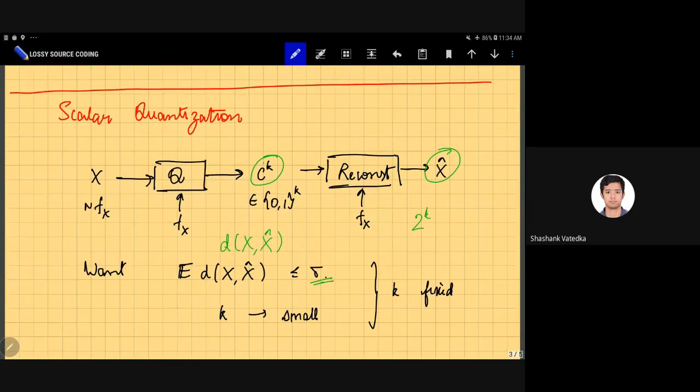So Q of X is CK, but the reconstruction is X hat. Fine, sir. But some mapping is there from Q of X only, right, sir? Correct. So basically you can treat this whole thing as a single block, call it, I don't know, G of X, and G of X is basically X hat.